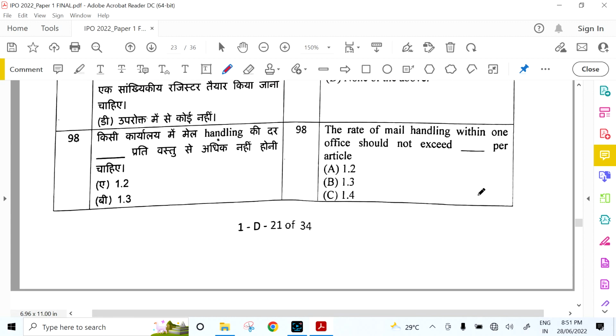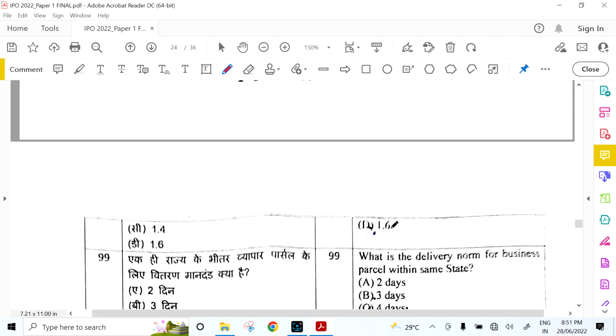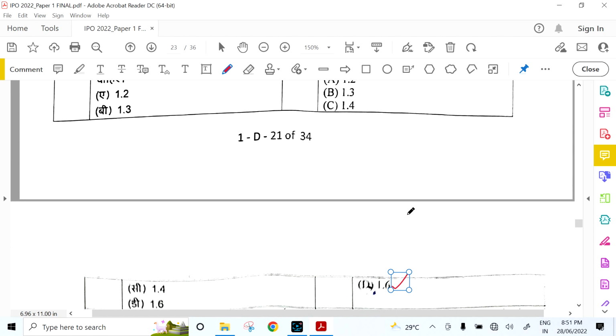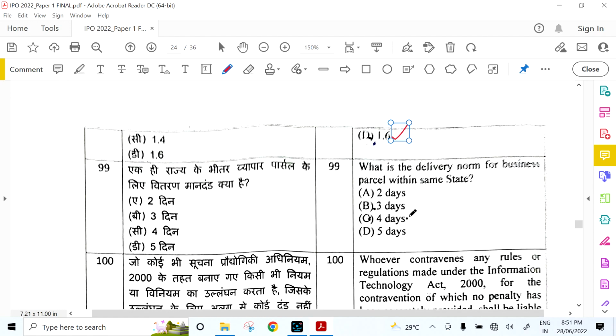The rate of mail handling within the one office should not exceed 1.6. This question is from volume 7. What is the delivery norm for small business parcel within the state? It is 4 days.